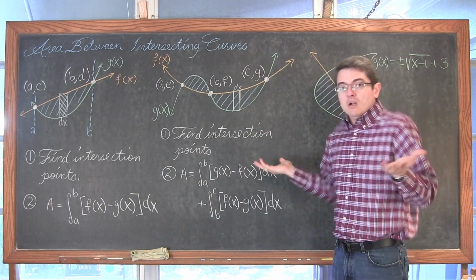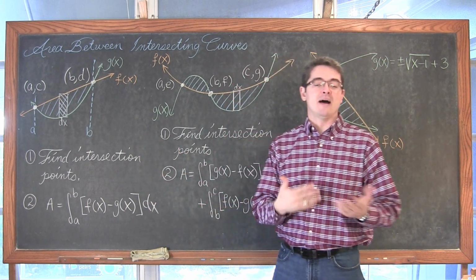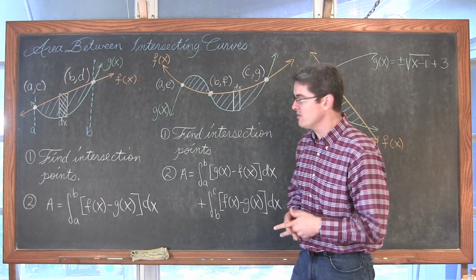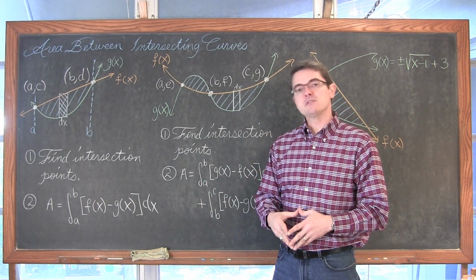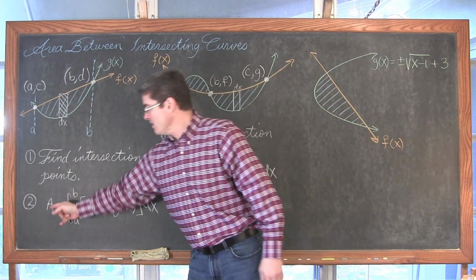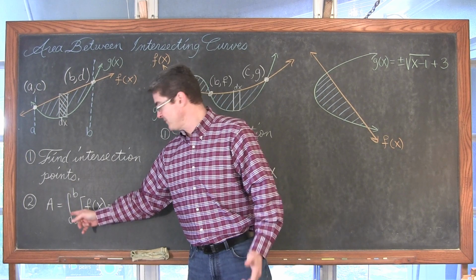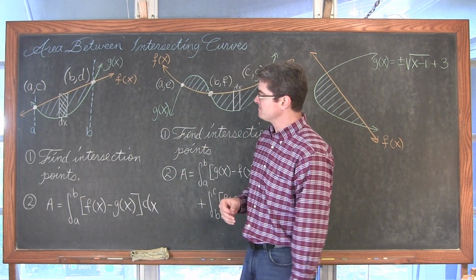So, guess what you have to do? Find the intersection points. That'll either be algebraically or with the aid of a calculator, depending on the difficulty of the problem and the requirements that your teacher is asking of you. And then the area is equal to the definite integral from a to b of f of x minus g of x dx.